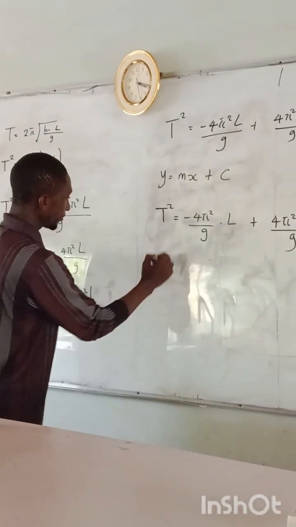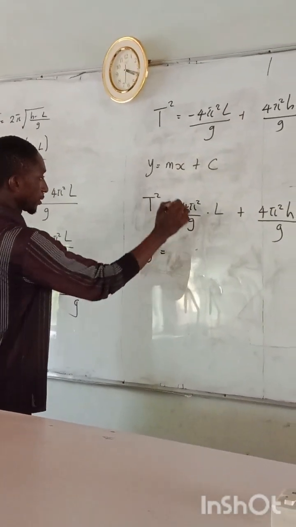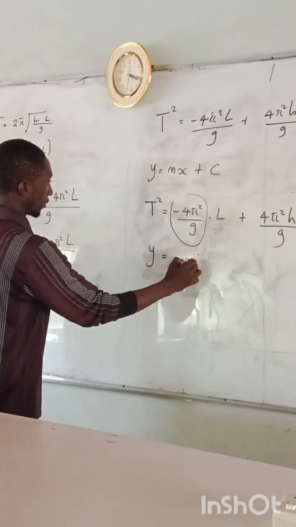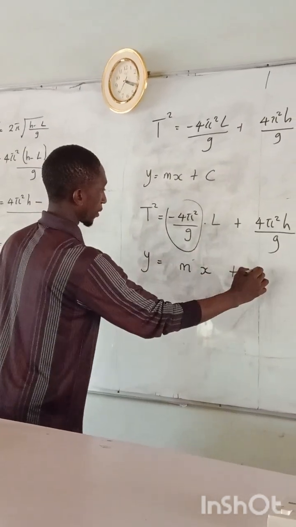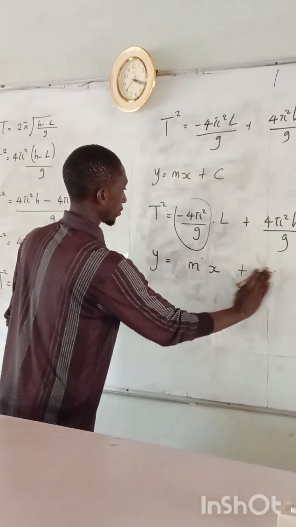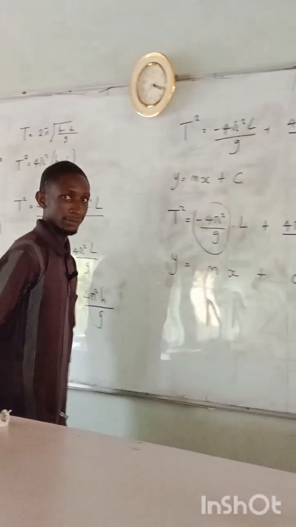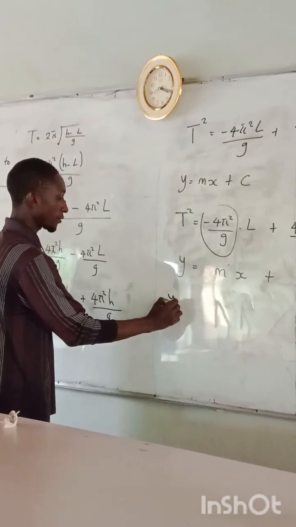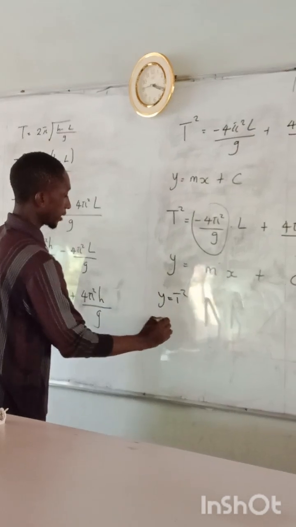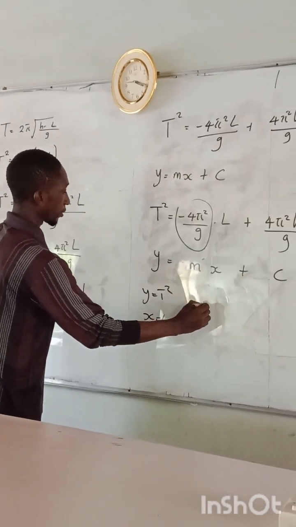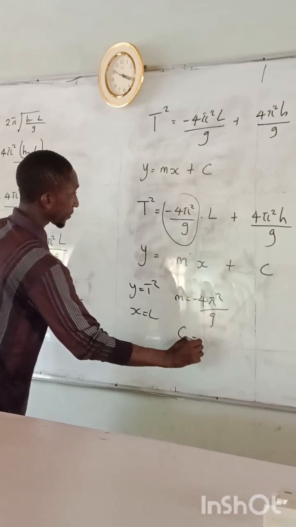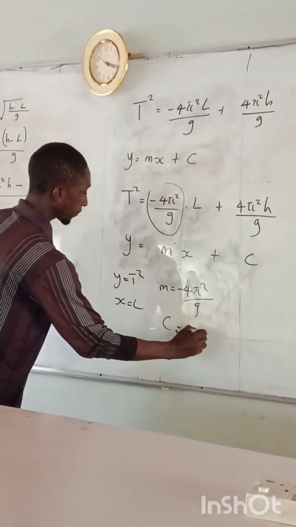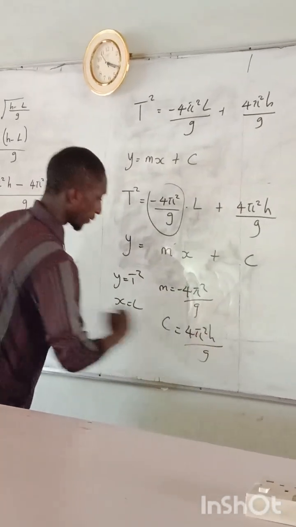So you can see that this is your y, the whole of this becomes your mx, plus this is our c. So at the end of the day, y is equal to T squared, x is equal to L, m is equal to minus 4 pi squared over g, and your intercept is equal to 4 pi squared h over g.